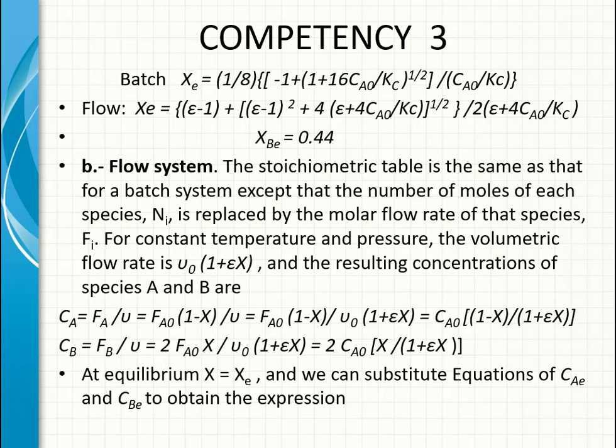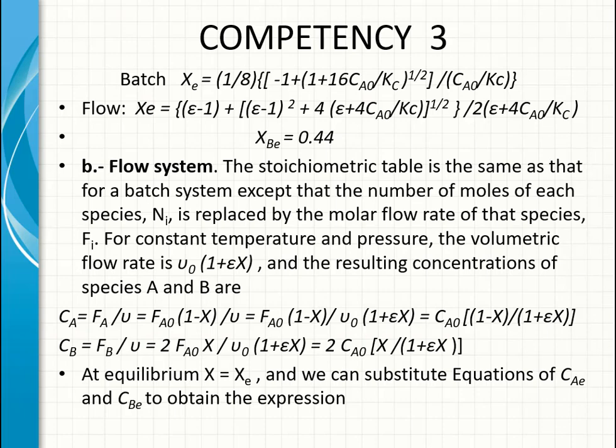And for a flow system, the stoichiometric table is the same as that for batch, except that the number of moles of each species, Nj, is replaced by the molar flow rate of that species, Fj.